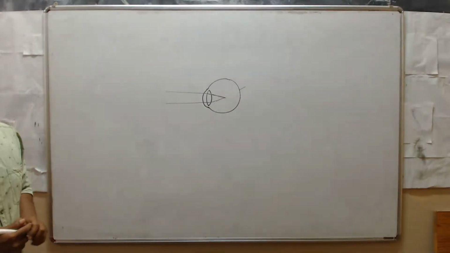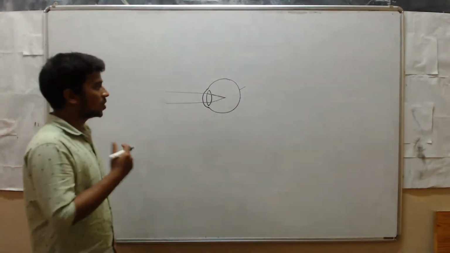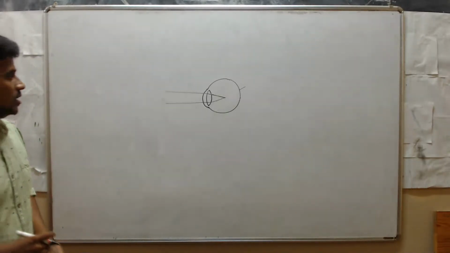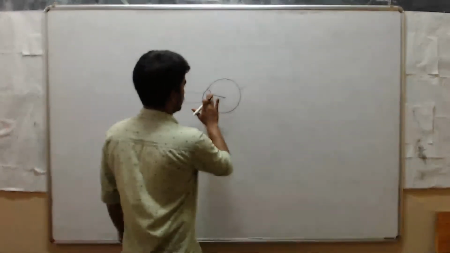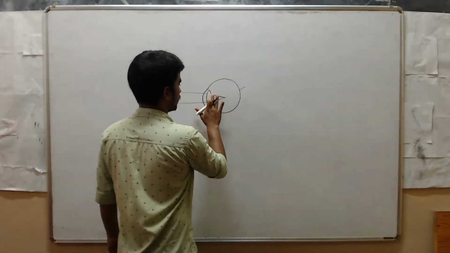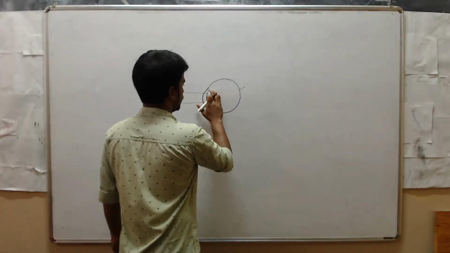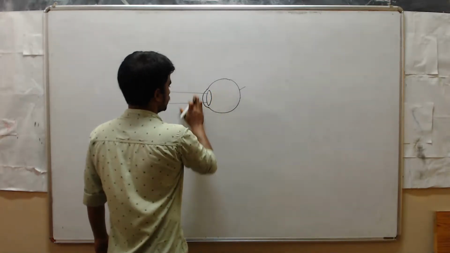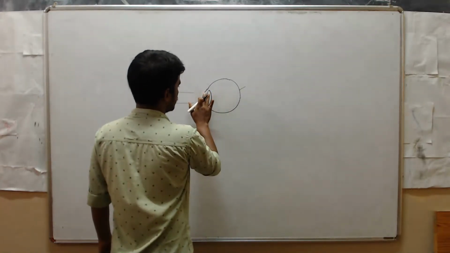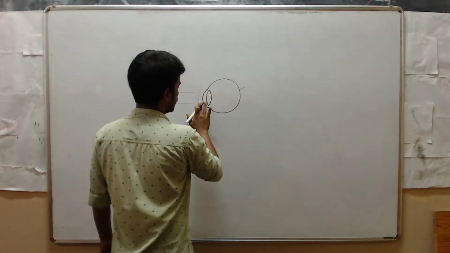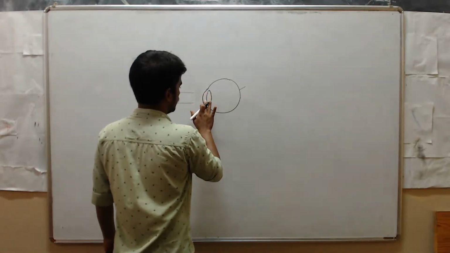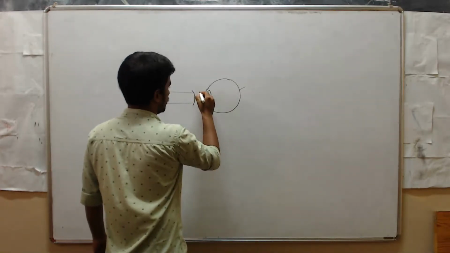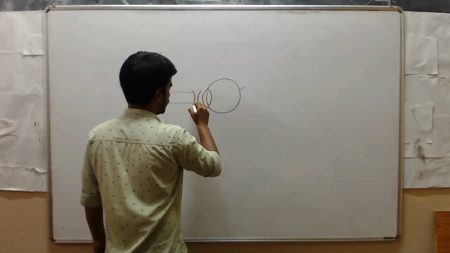Using a concave lens, we can correct this defect. Here I will keep a concave lens. You know what happens when you pass rays of light through a concave lens.